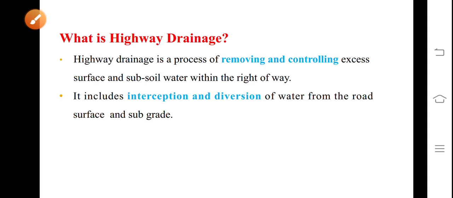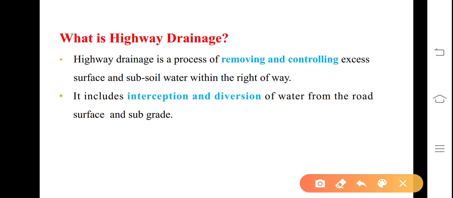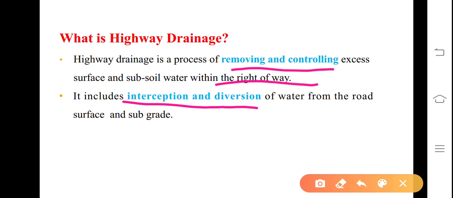What is highway drainage? Highway drainage is a process of removing and controlling excess surface and subsoil water within the right of way. So whatever right of way specification you have already studied under geometric design will come into play now. It includes interception and diversion of water from the road surface and subgrade.